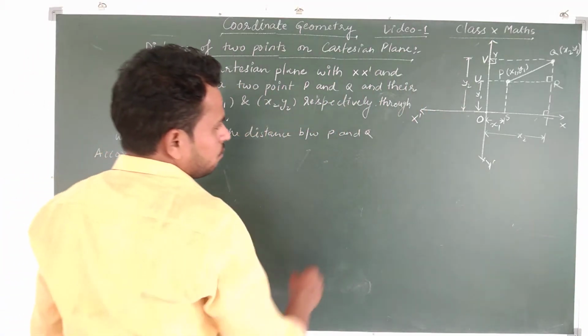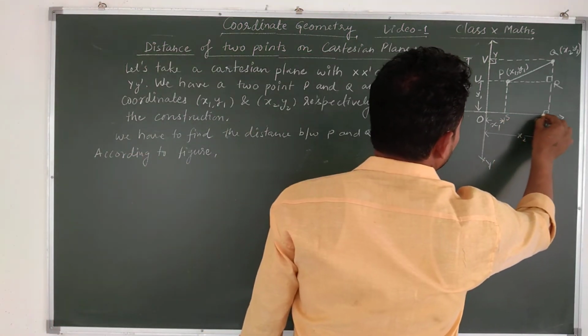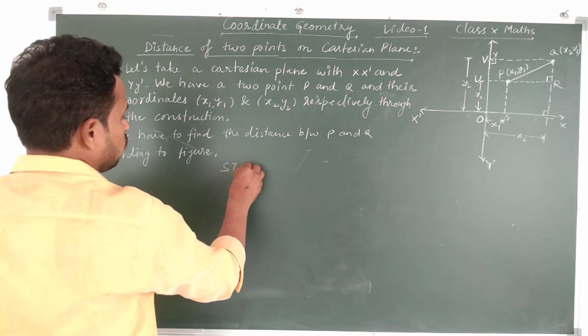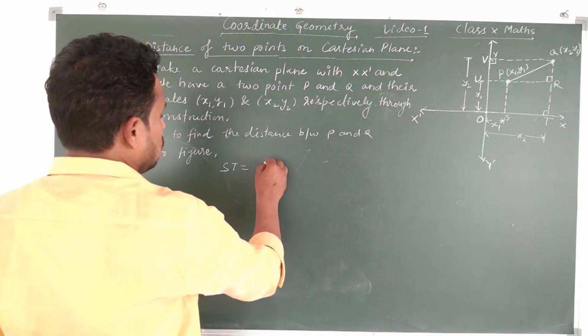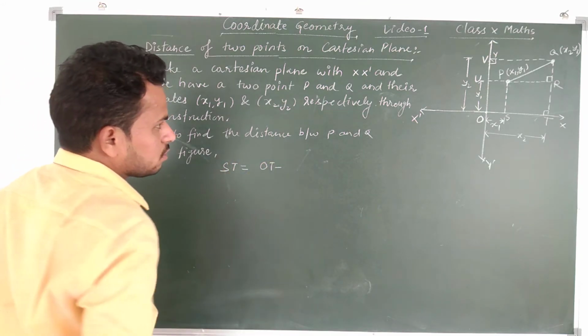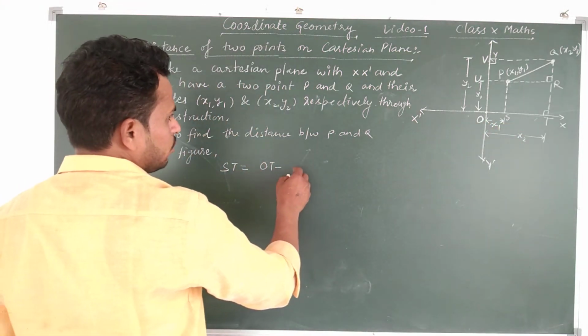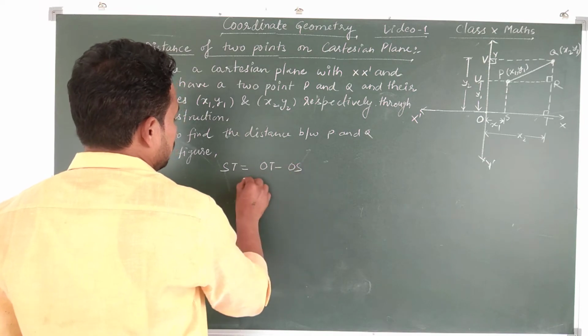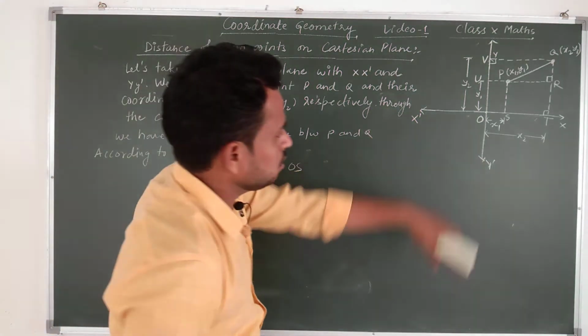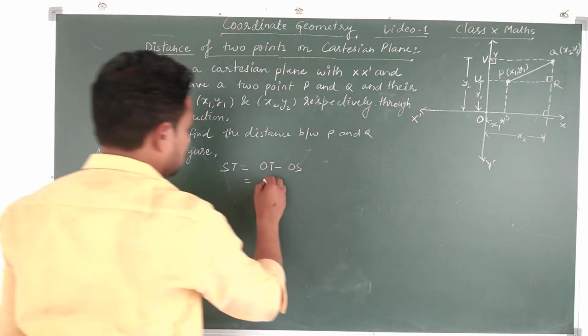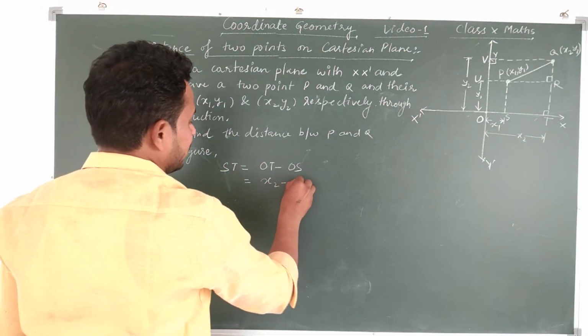So if we find this ST, ST equals OT minus OS. OT is x2 and OS is x1.